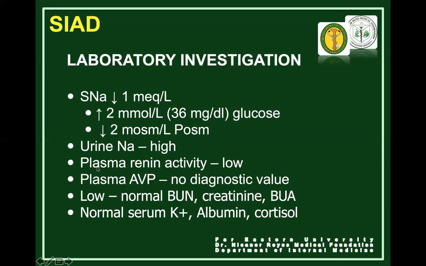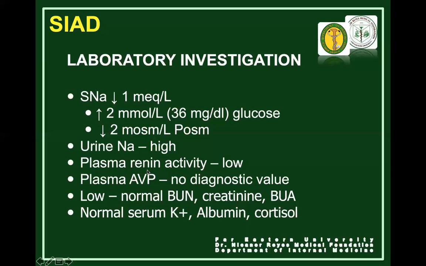You have to measure your renin activity, and you have to measure your BUN, creatinine, uric acid, sodium, albumin, and cortisol. This will try to rule out your cirrhosis, your nephrosis, your ACTH deficiency, and your congestive heart failure. Now, the urine sodium should be high because your urine should be concentrated in SIAD.